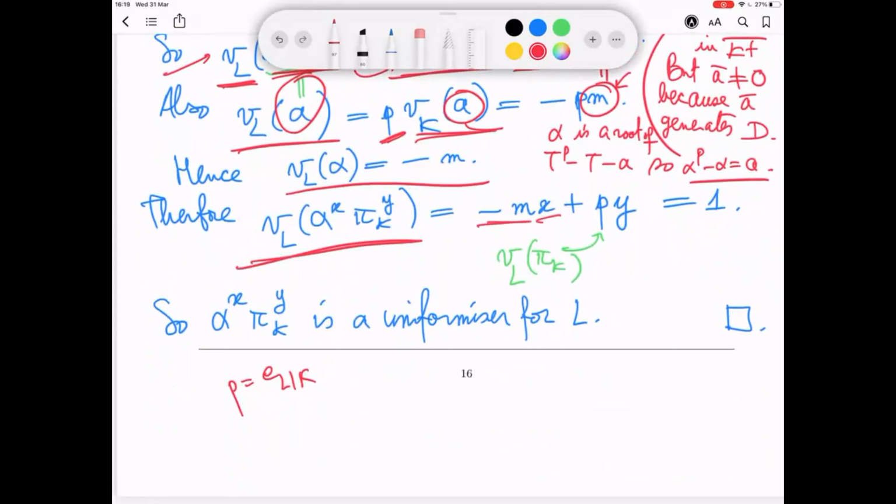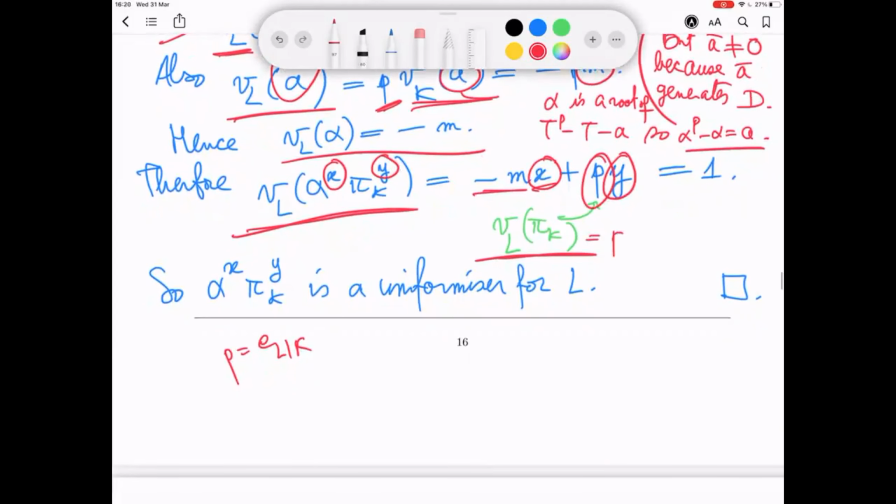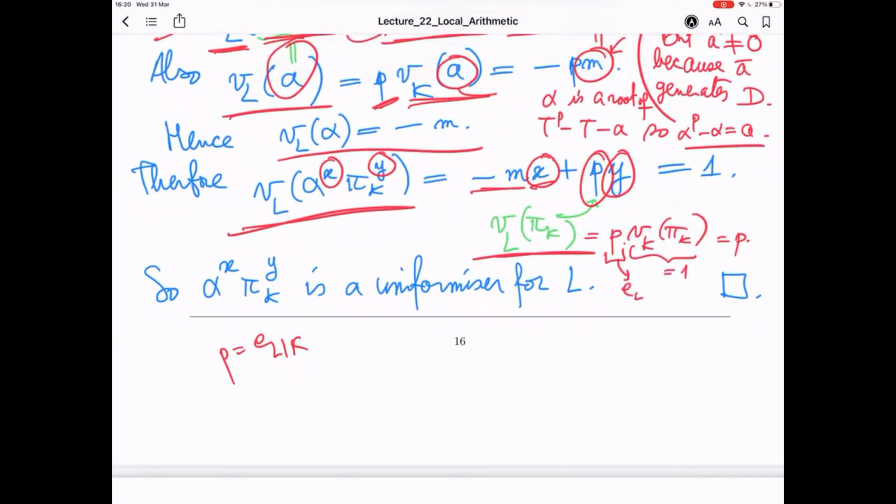It's going to be minus M times X, the X coming from here, times P times Y, the Y coming from here, and the P is there because VL of pi K is equal to P. It's P times VK of pi K. VK of pi K is equal to 1, so this is equal to P. And this P is here because it's EL over K, right?